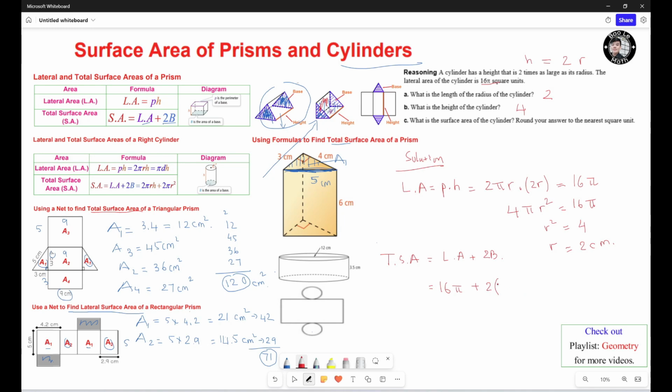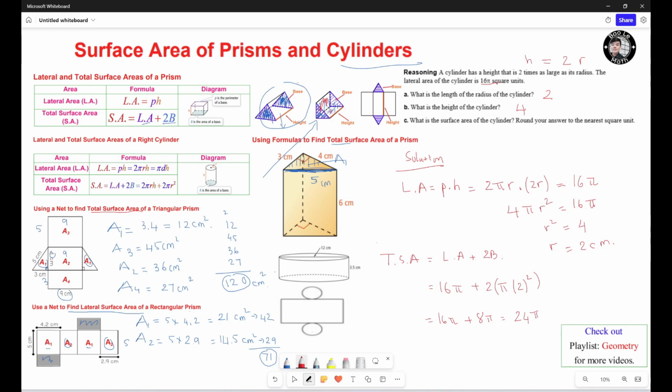The base is pi r squared, but r equals 2, so 2 squared is 4. 4 times 2 is 8, plus 8 pi. So it should be 24 pi.